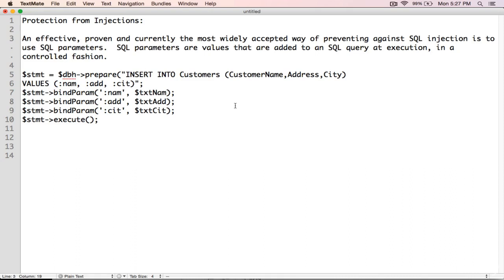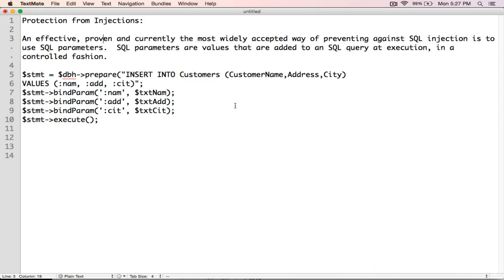the effective, proven, and currently the most widely accepted way of preventing against SQL injection is to use SQL parameters. And SQL parameters are values that are added to an SQL query at execution in a controlled fashion.